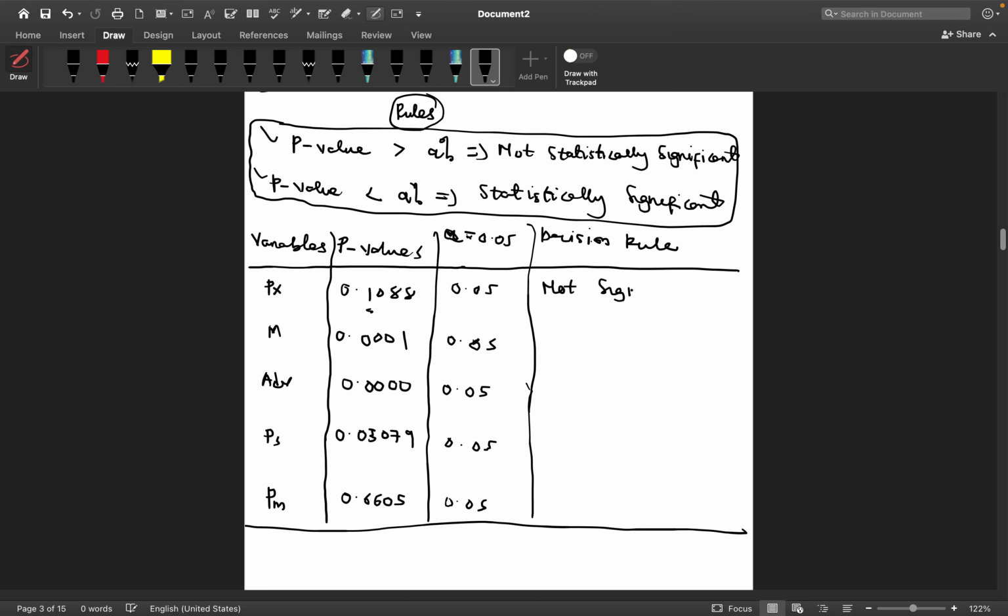The second is less than this, so it's statistically significant. Then the third one, this is less than this, so statistically significant.